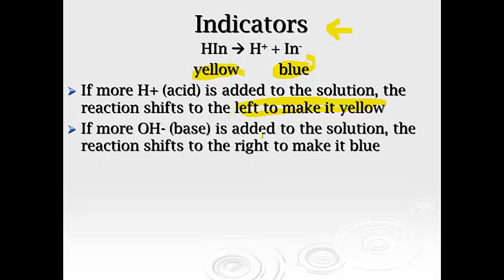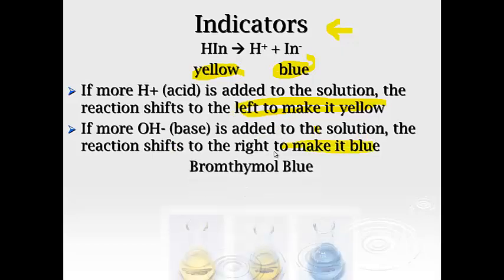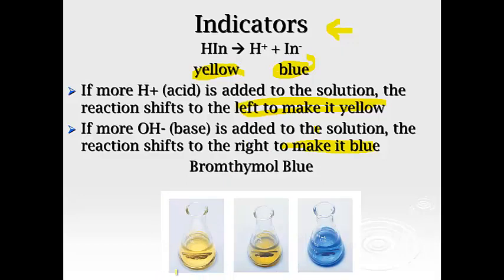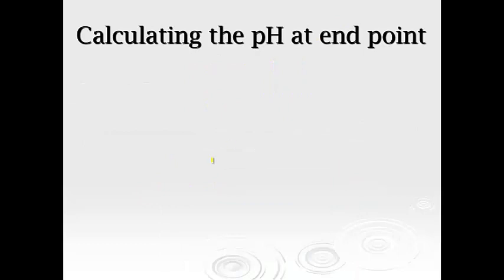If more hydroxide is added to the solution, the reaction will shift to the right to make it blue. So just some different mechanisms. This is what's called bromothymol blue, and you can shift the color change back and forth. Here is the basic version. This one's easy because basic is blue, and then the acidic version over here as well.